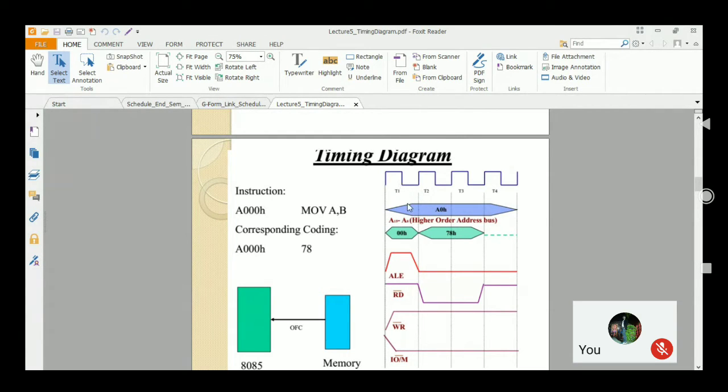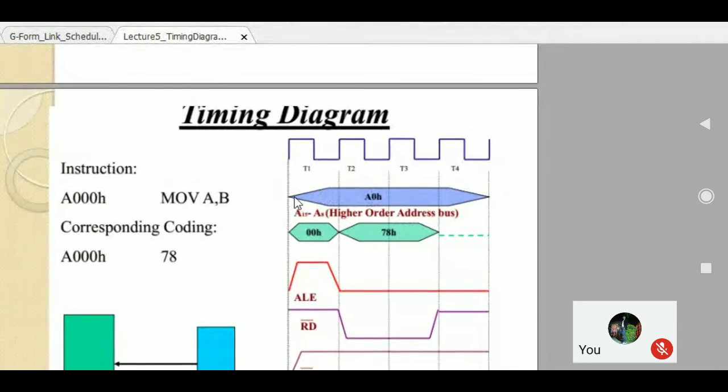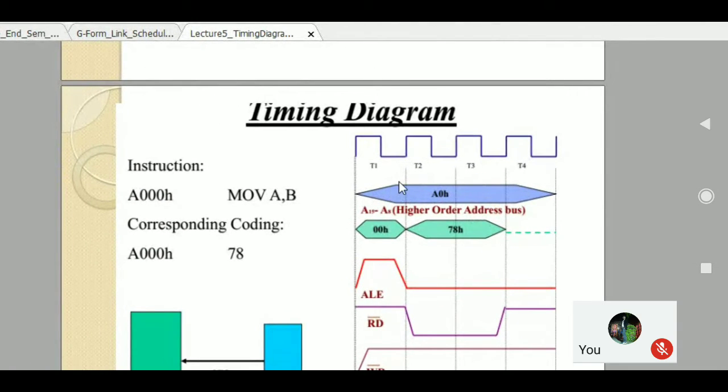We are going to have this A0. A0 will be put on the high order bus in this way. First it was low and then it goes high, up to the last T4 state. So this is the way to show the A0 operation. First it will be low.